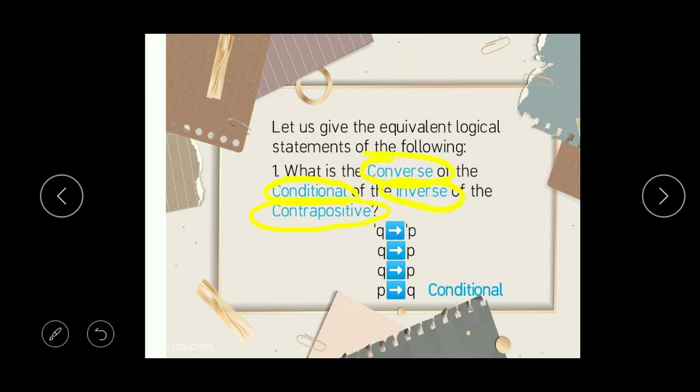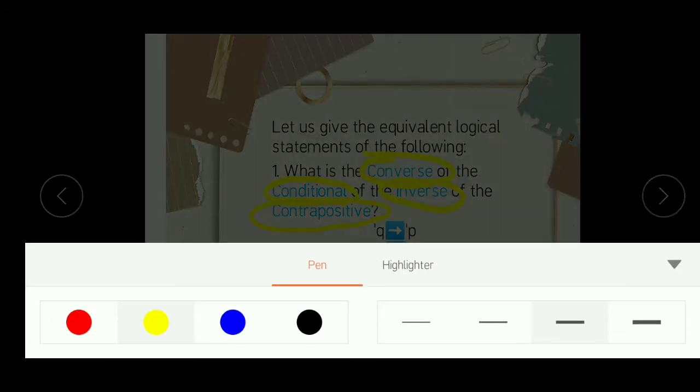Let us start with the contrapositive. What is the statement of a contrapositive? It is if not Q, then not P. There is a negation and it is also an exchange. Here we will change the color of our pen in order for us to understand it better.